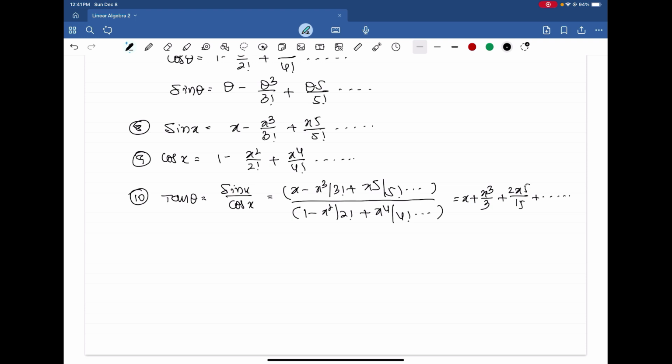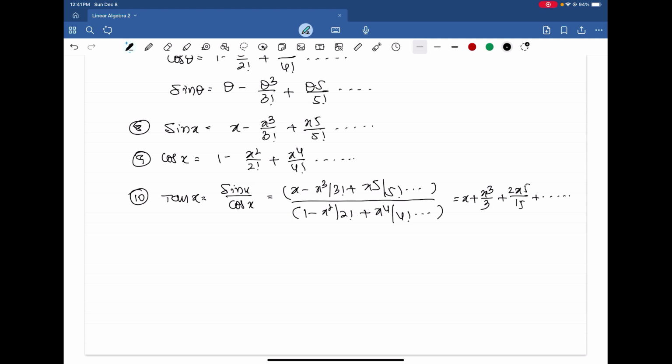From Taylor series and Maclaurin series, any function can be written in the form of a series. Tan x, let us say it's not tan theta, it is tan x, we can find these values from the Maclaurin series or Taylor series, and we can equate that this particular series divided by this particular series is equal to this series.